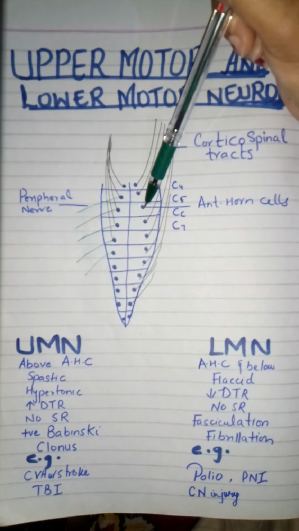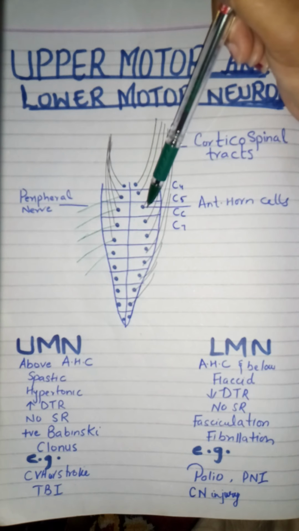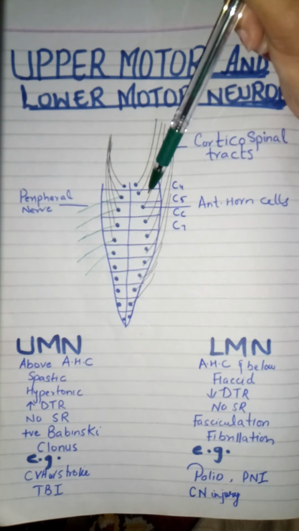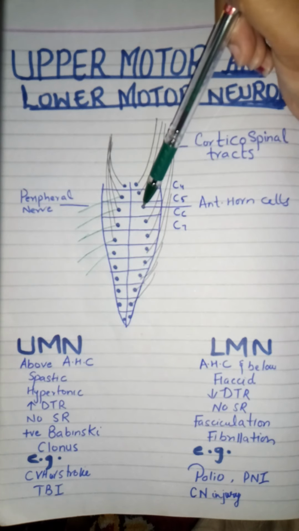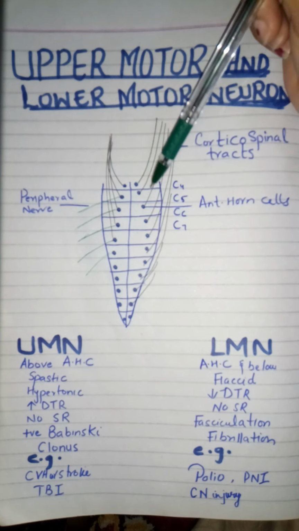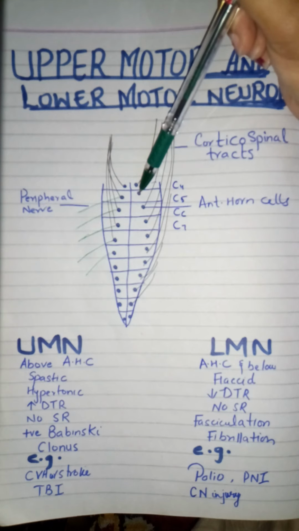So when there is injury at C5, the corticospinal tract for C6 will be cut or injured because it passes through C5, and C5 is injured. So for C6 the injury will be above its anterior horn cells, and it will be upper motor neuron. But for C5 the injury is to the anterior horn cells, and it will be lower motor neuron disorder.